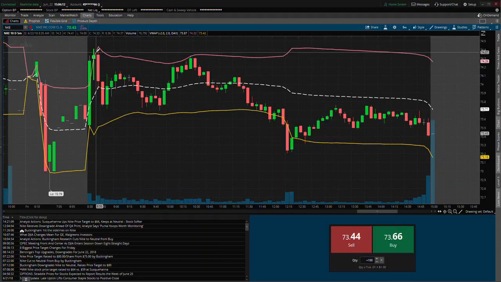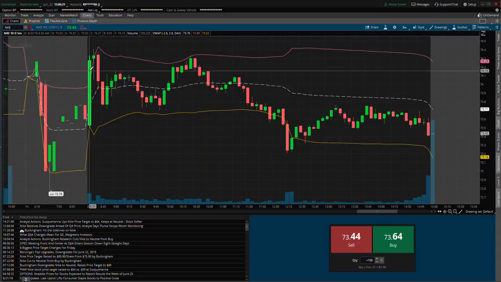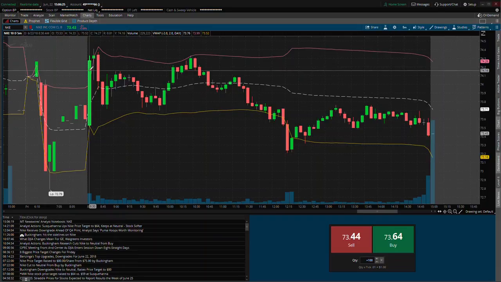Now, when it does that, if you're looking at your VWAP indicator and say you buy in right here thinking, oh, this is such a good run, this is going to keep on going, chances are you're wrong. Because this might go up a little bit more, but there's a good chance, depending on what has happened in that stock that you're trading.